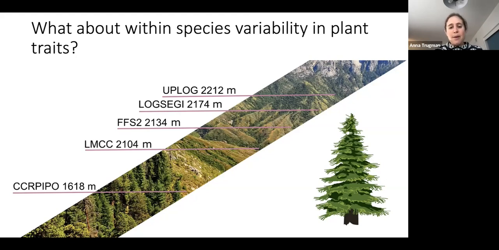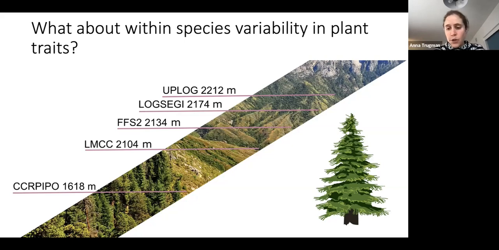This is a map of some of the demographic plots where we're making our trait measurements, and these plots have almost 30 years of data in some cases about demographic rates and also insect infestation in these trees. So it's a really powerful platform to then try and link our traits through models to demographic rates.